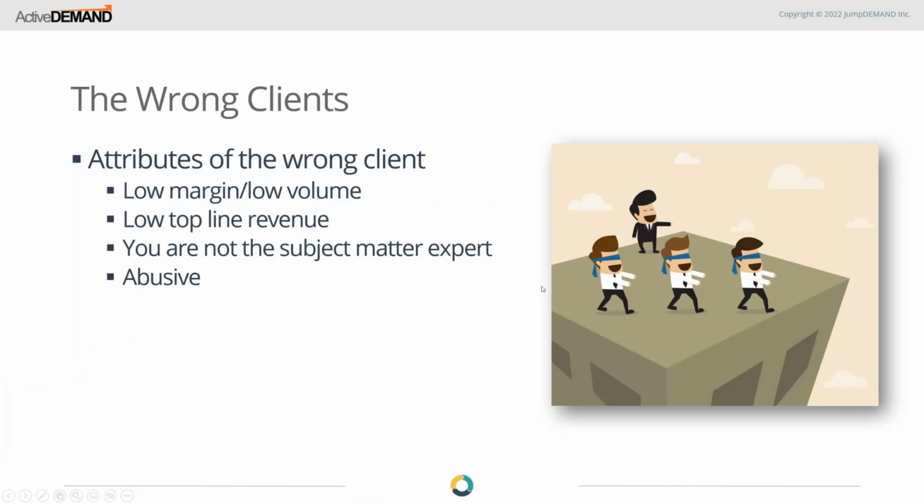So, wrong clients, I think we've all had them. Some attributes of the wrong client would be low margin, low volume companies. So companies that are on razor thin margins and don't do a lot of business, don't have a lot of clients. They're not going to have budget to spend, they're going to be looking at every single penny, and it's going to be difficult to produce results.